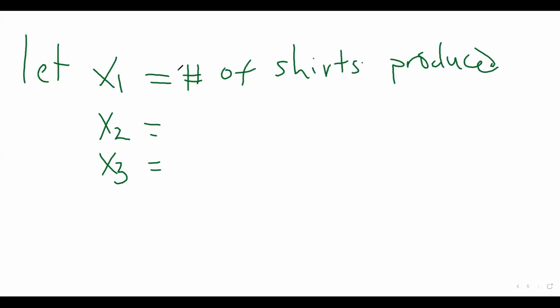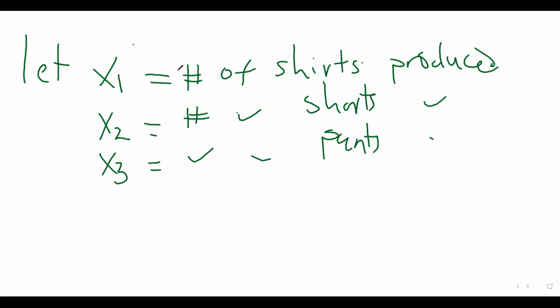And then the second one is going to be the number of shorts produced, and then the number of pants produced. So that is how you're going to define the decision variables right there. There's no problem with this.